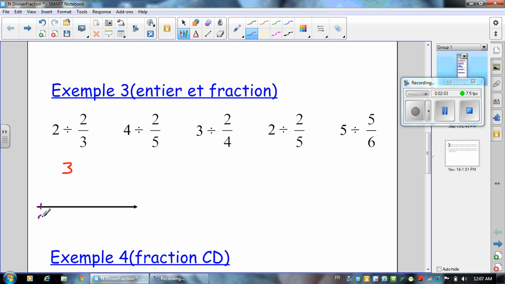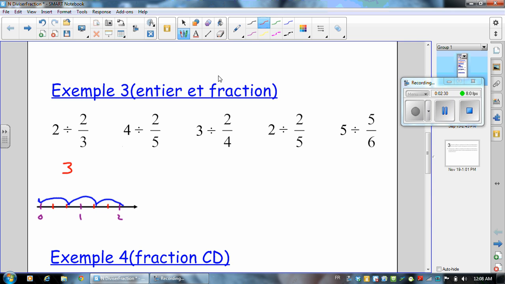So you have 0, 1, and 2, and we need thirds. How many 2/3 are there? There's one 2/3 here, there's another there, and 3. So you can see that there are 3 2/3.